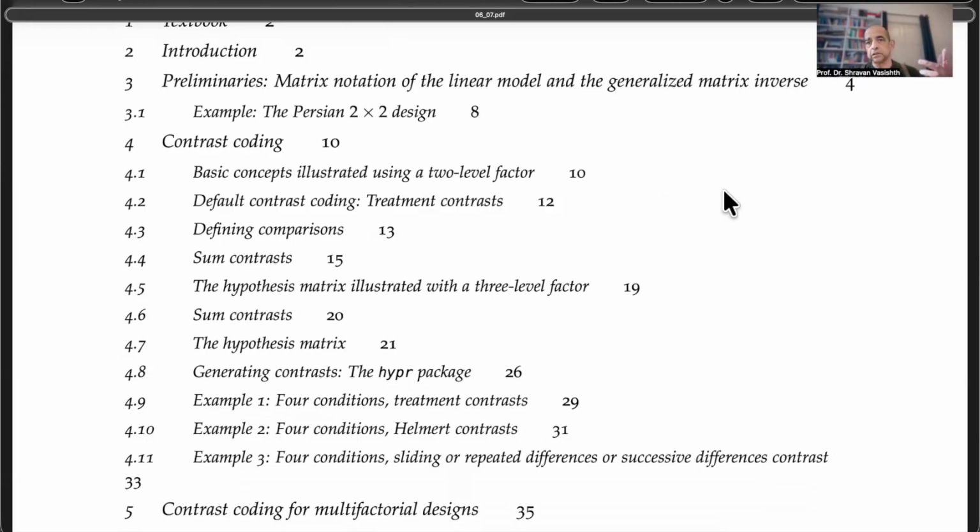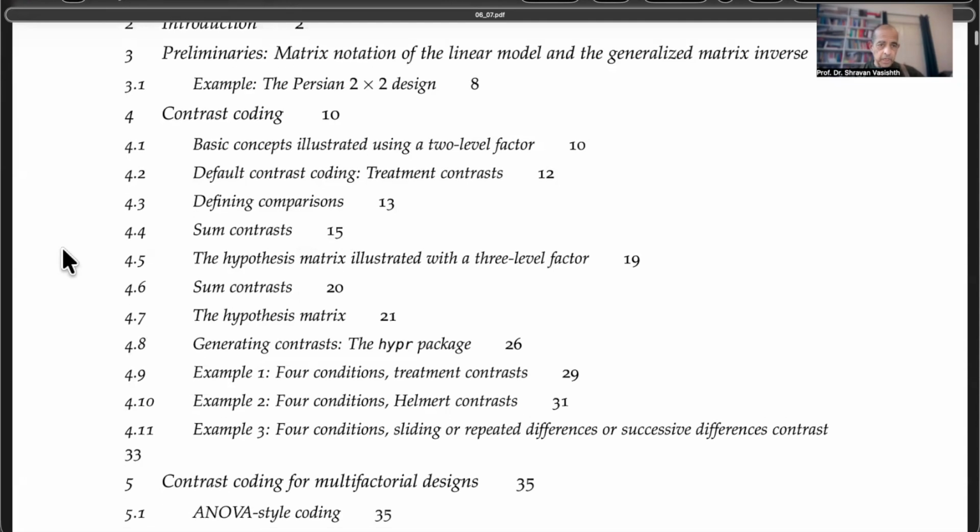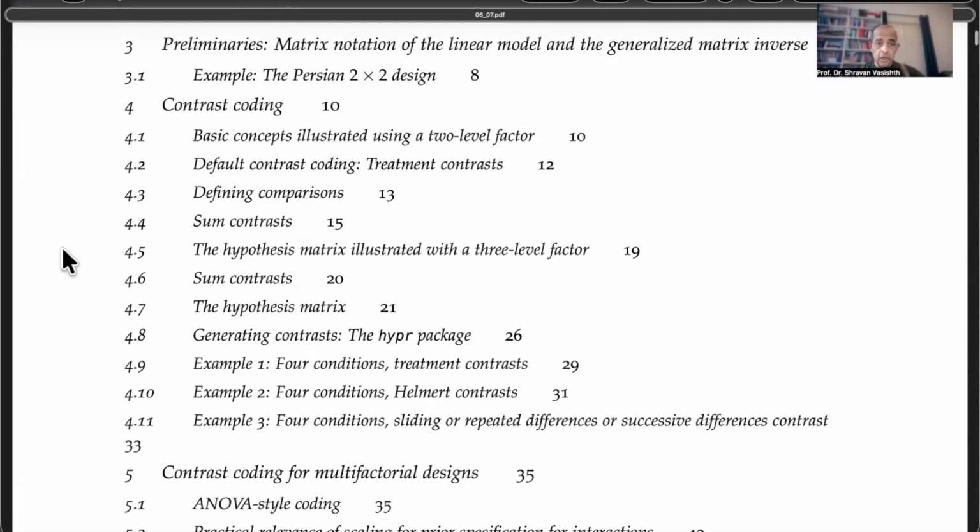So you've seen the 2 condition cases where you got some coding. That's a standard approach. But we also encountered treatment coding. If I recall correctly, we talked about treatment contrasts. So I will just review that material and talk about how these contrasts are set up and how they relate to hypotheses.